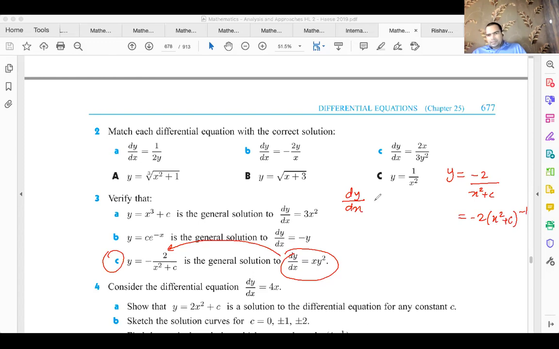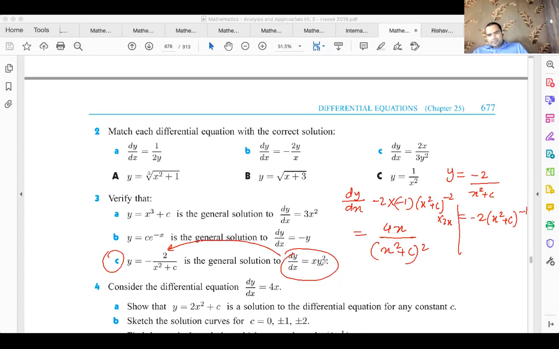The derivative is negative 2 times negative 1 times x squared plus c to the power negative 2, times the derivative of x squared plus c, which is 2x. So this becomes positive 2 times 2x, which is 4x over x squared plus c the whole squared.